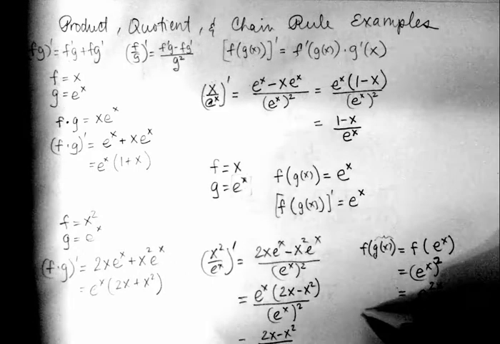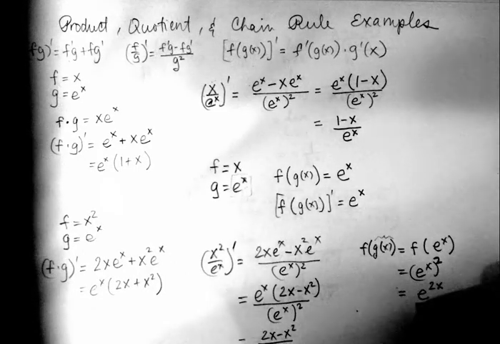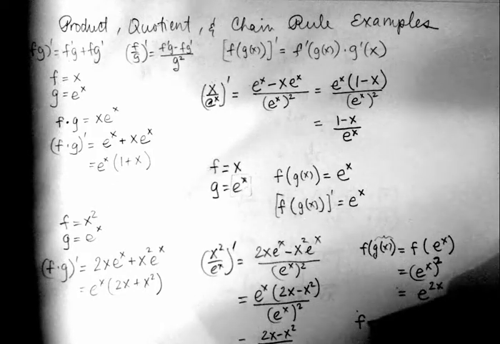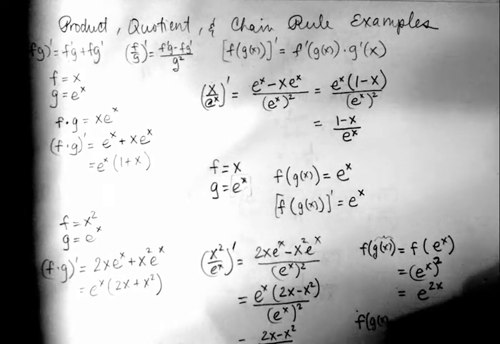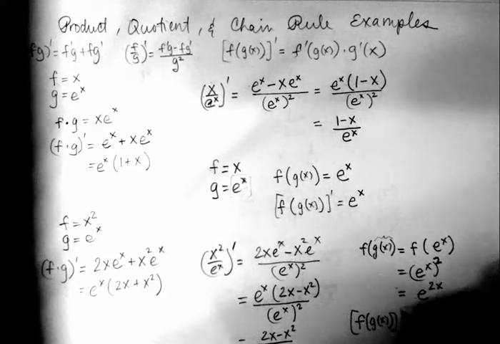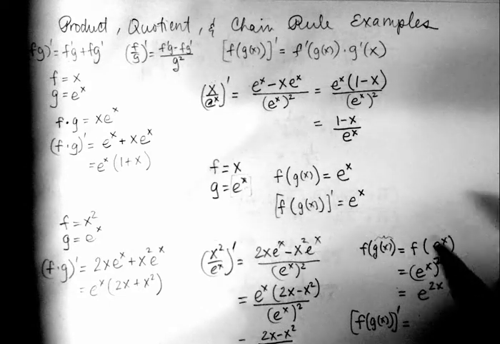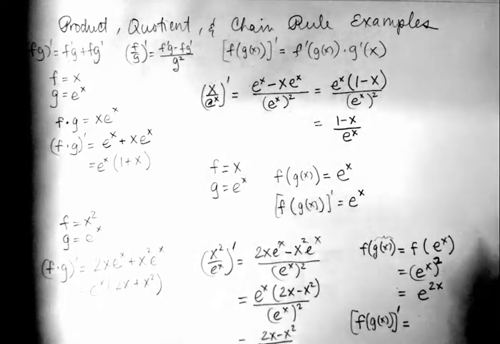Okay, so (f composed with g) prime equals the derivative of the outside function evaluated at the inside function.